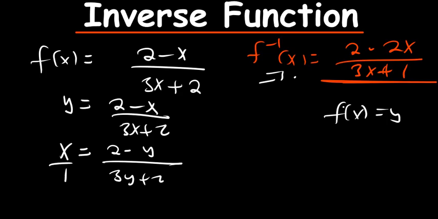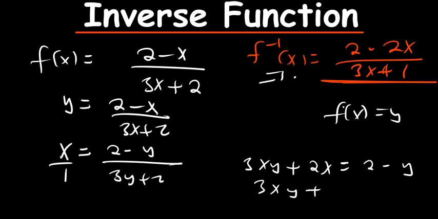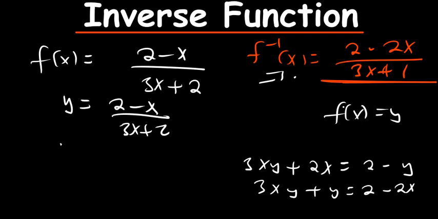So we cross multiply. If I cross multiply, I'll have 3xy plus 2x being equal to 2 minus y. Then I shift negative y to the other side so it will be positive, and 2x to the other side. Now make y the subject of the formula.